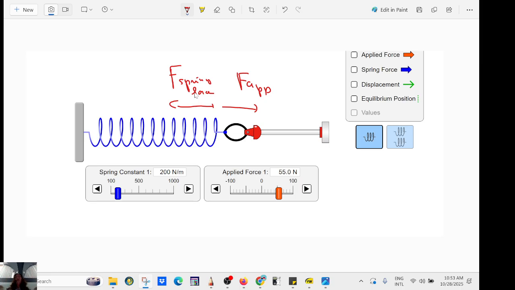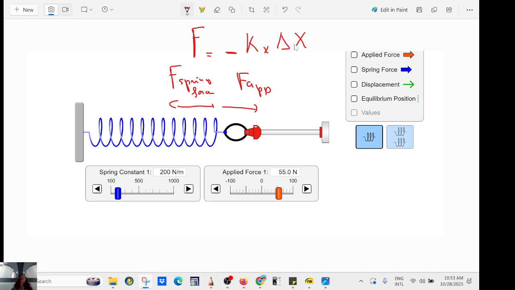Now the more you pull, the more restoring force you get. And the equation is very simple. It says that the spring force, the restoring force, equals minus k, the spring constant, times the displacement delta x. I put a minus to say that you have to do work against it. So it means that the stress is proportional to the strain.